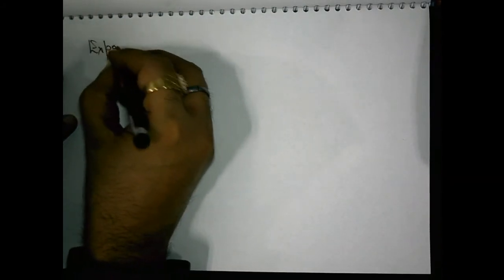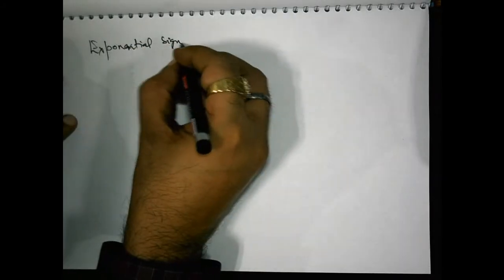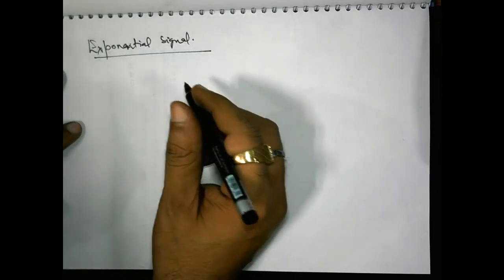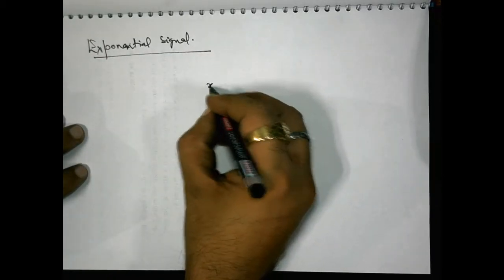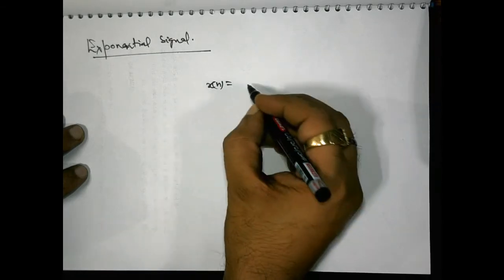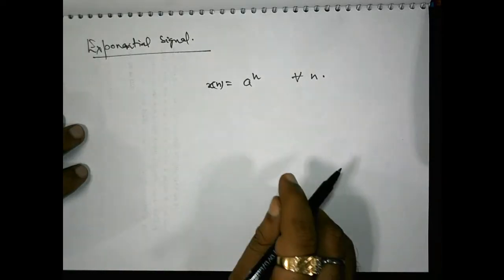Then the fourth signal of significance or interest in our discussion is the exponential signal. An exponential sequence can be defined mathematically as x[n] equals a to the power n for all values of n.